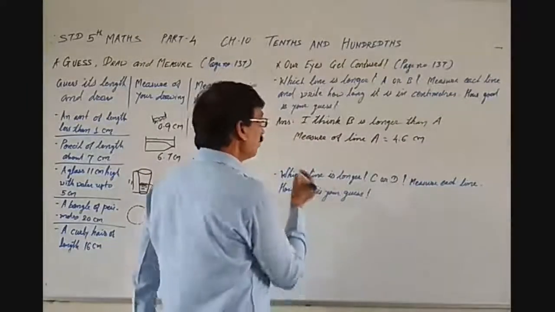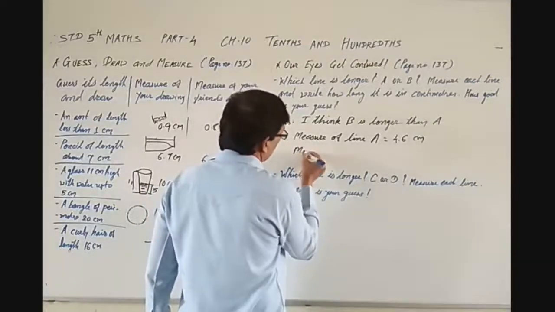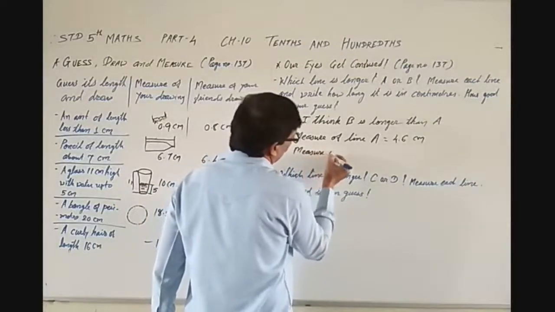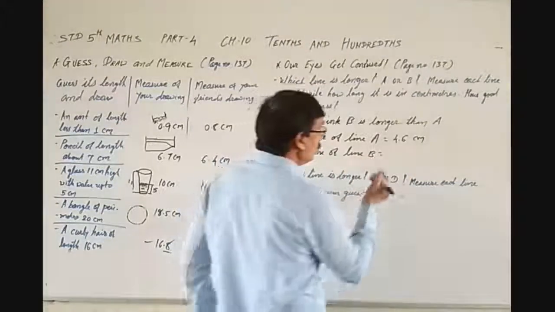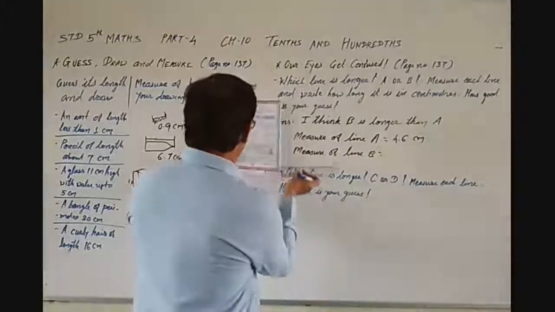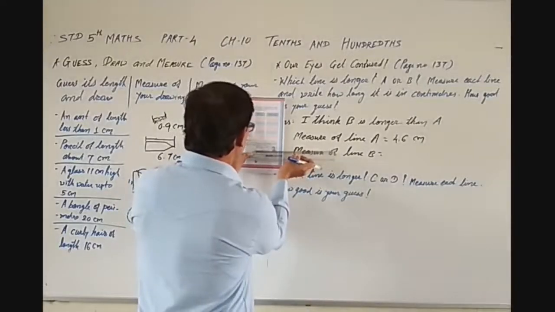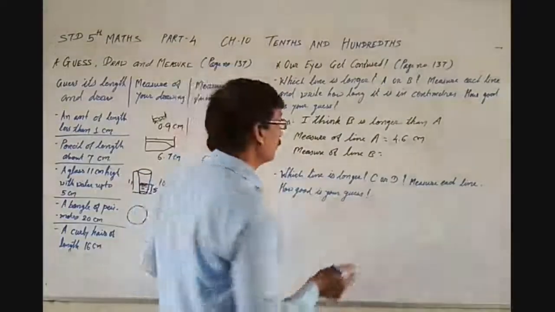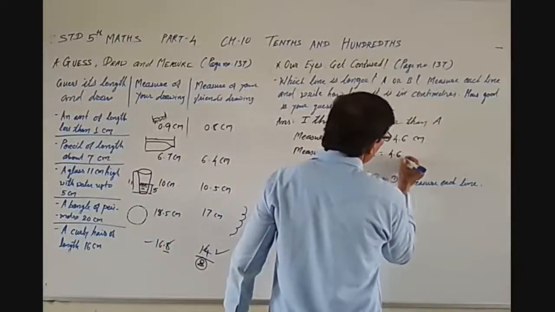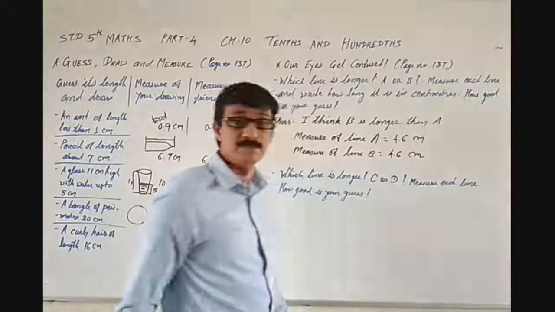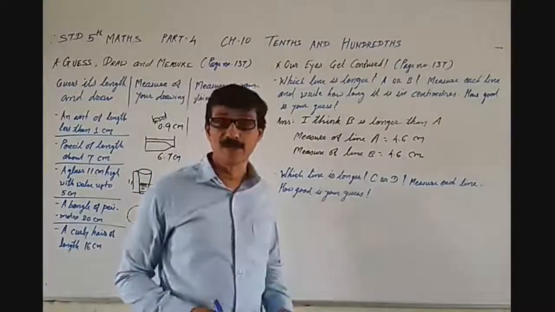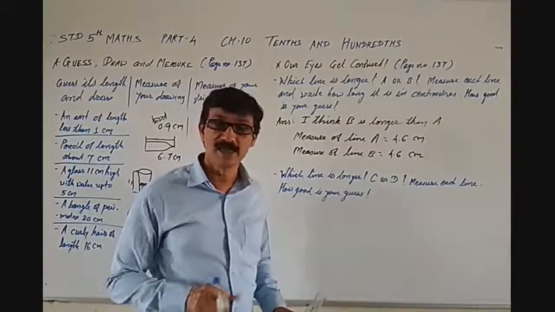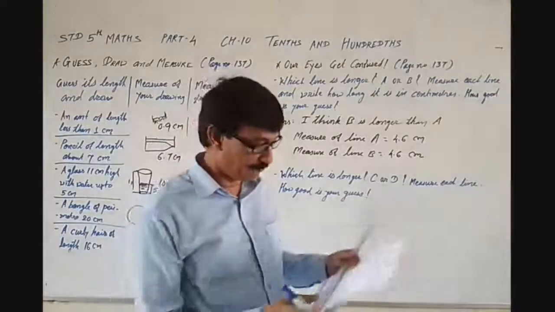And the measure of line B is equal to, let's see, that is also 4.6 only. So both the lines are the same. So B is no longer. In fact, it is not. Both the lines are the same.